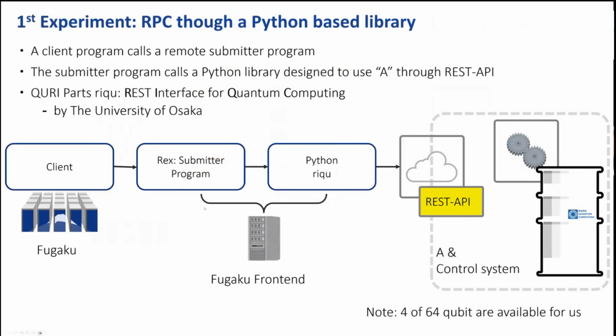First, we have a submission parameter program, originally designed for the machine with Python. QREQ is a REST interface for quantum computing developed by the University of Osaka, especially designed to make use of the cloud service. By using this, Fugaku submits quantum circuits to the quantum computer.